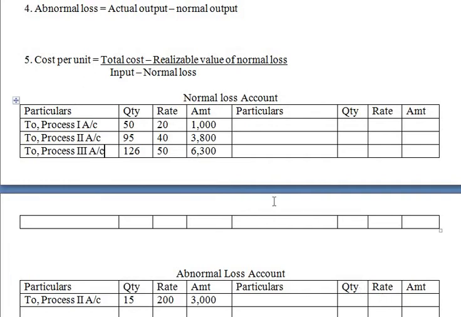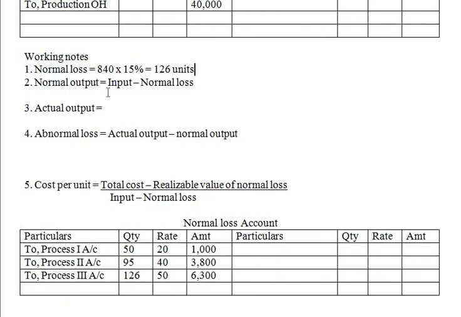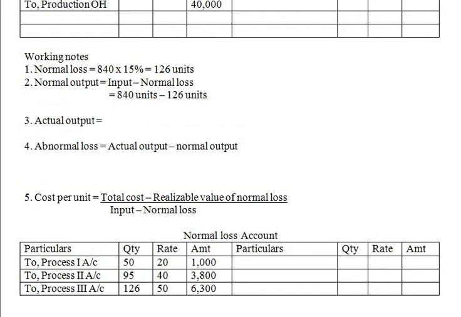Now next, find out whether there is abnormal loss or gain. Input is 840 units minus normal loss is 126 units, which will be equal to 714 units. Okay, now actual output is given in the problem. Actual output is 750 units.